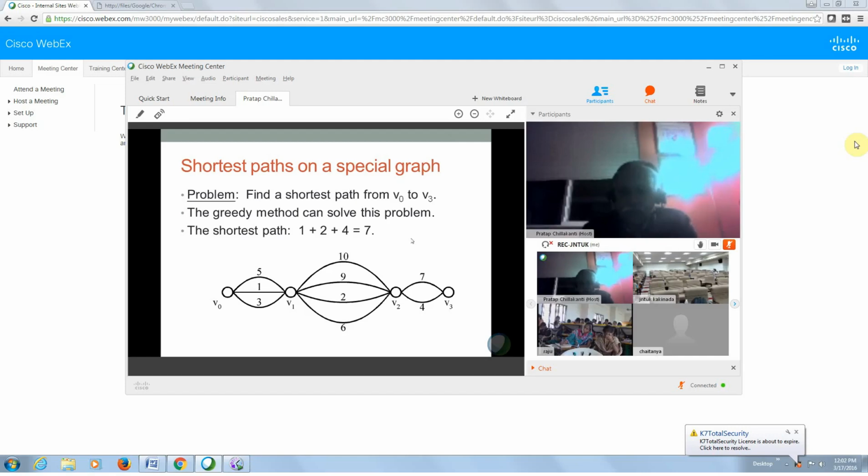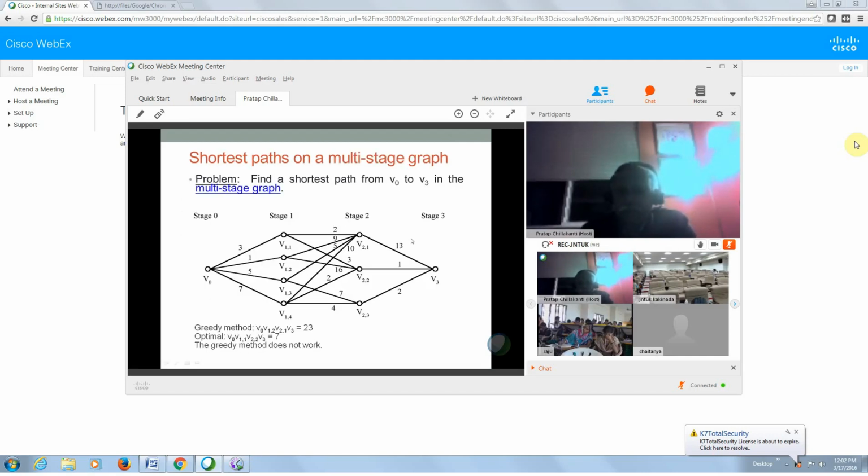However, consider this one here. Now, all of a sudden, you have multiple nodes in intermediate stages. It's not just one node like in the previous one.